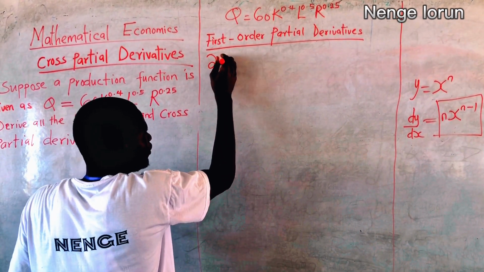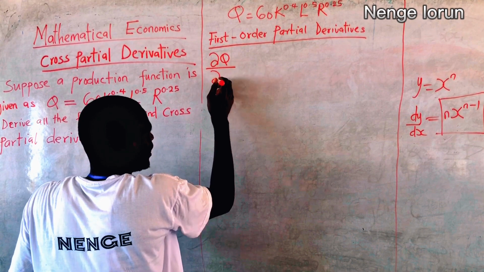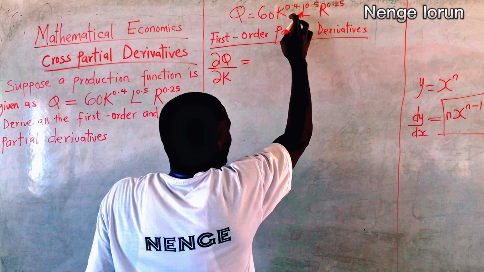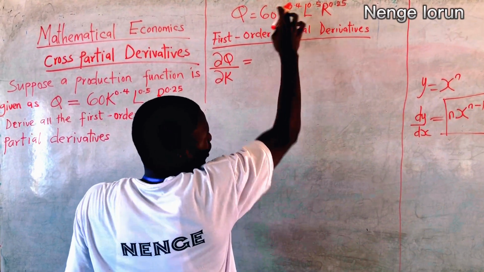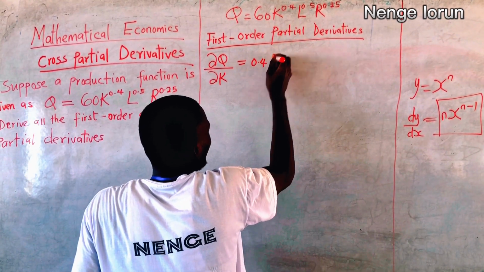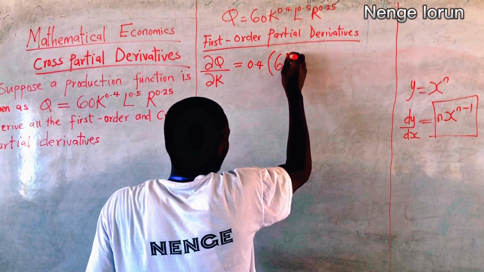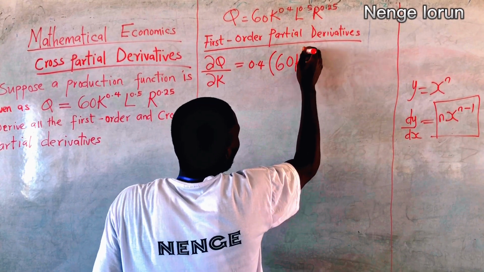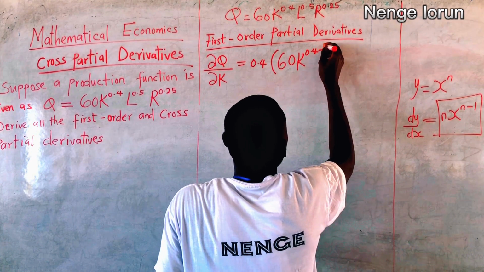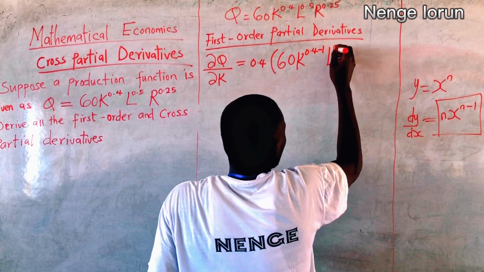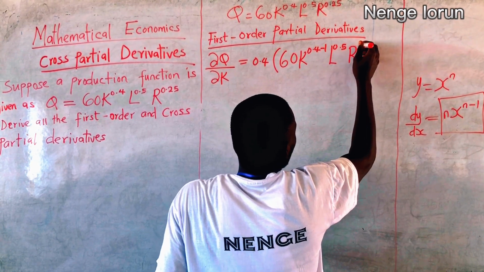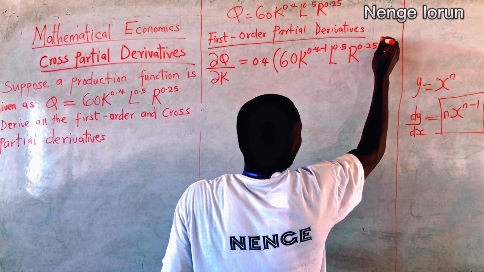Partial derivative of Q with respect to K is equal to the power of K here, which is 0.4. Going by this rule, it is 0.4 times 60K raised to the power of 0.4 minus 1, L raised to the power of 0.5, R raised to the power of 0.25.